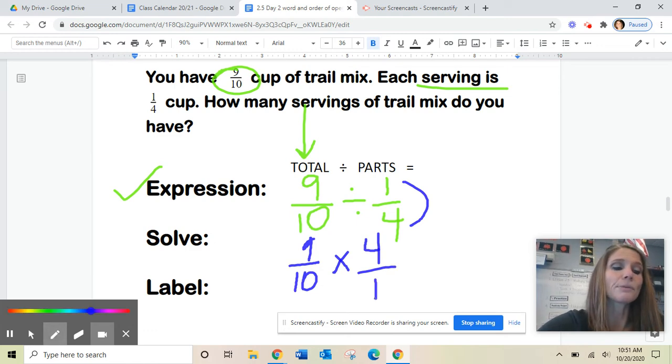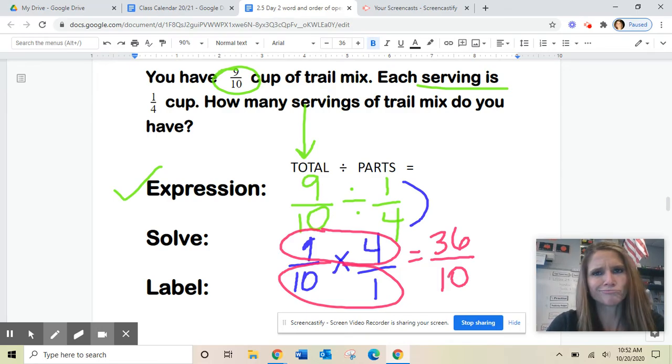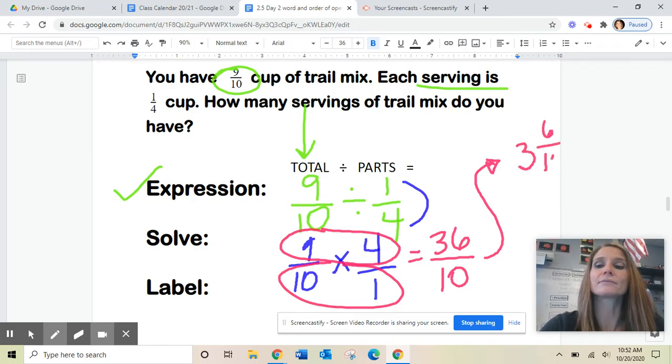Now I'm ready to multiply. So we're going to multiply across 9 times 4, get a 36. And across the denominators, 10 times 1. 36/10 servings. Let's make that a more simple way of thinking about this. 10 goes into 36 exactly 3 times with 6 extras out of 10.